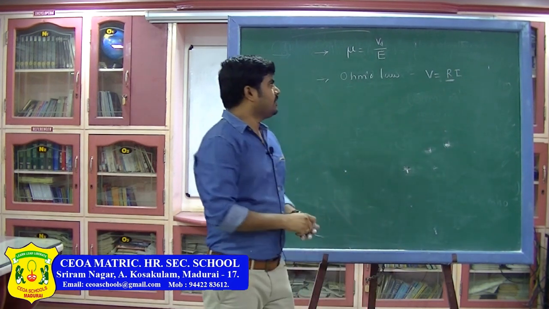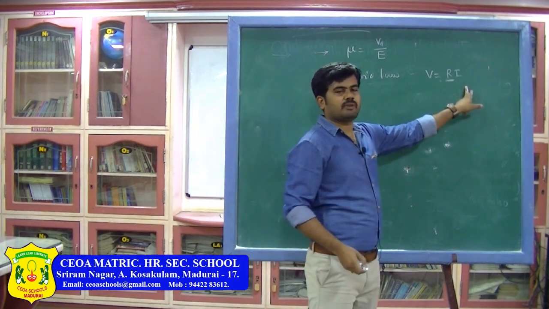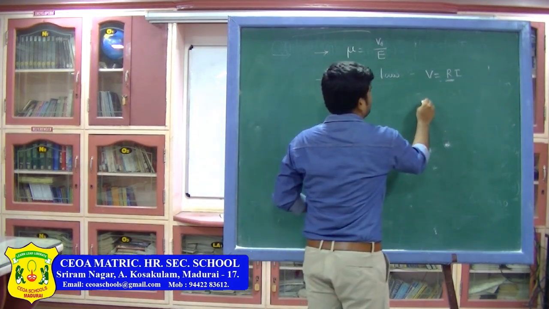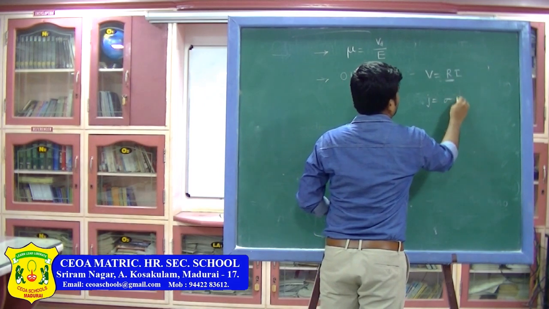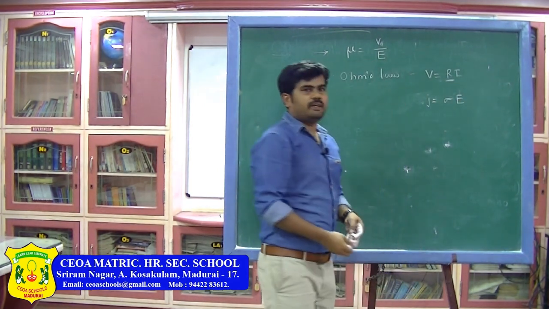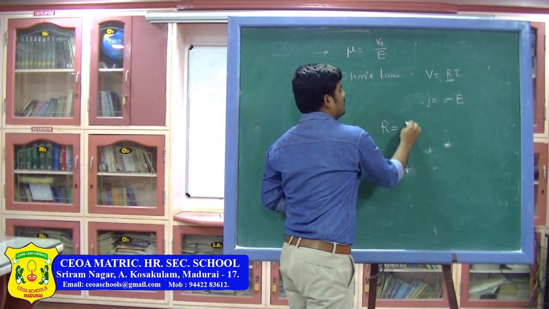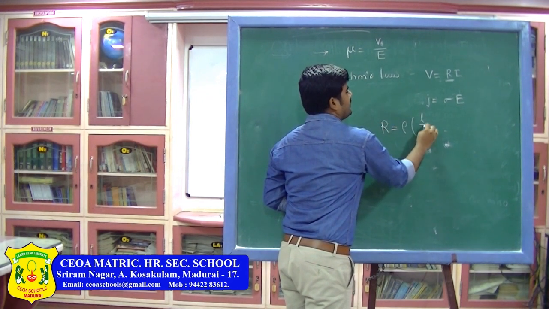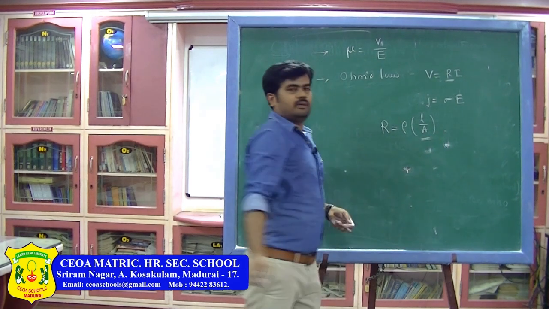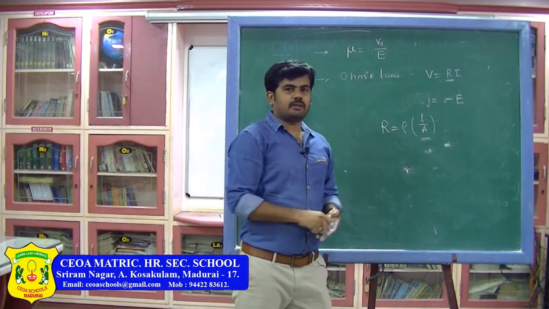We derived this from the relation J is equal to sigma into E, and then we got the expression for resistance R is equal to rho into L divided by A, which is a very important relation for solving problems in competitive exams.